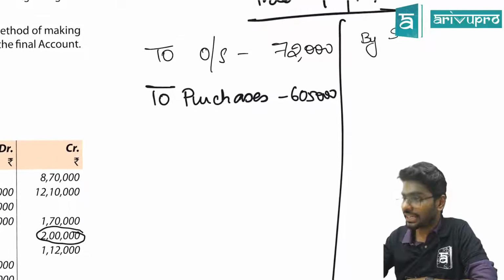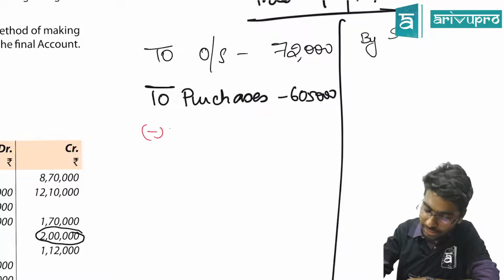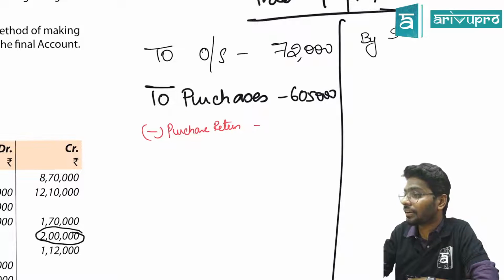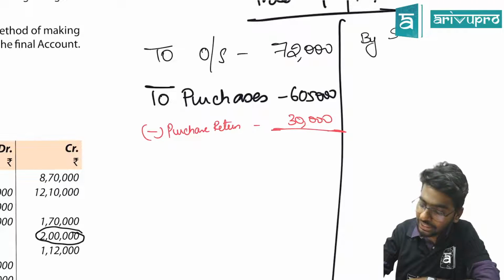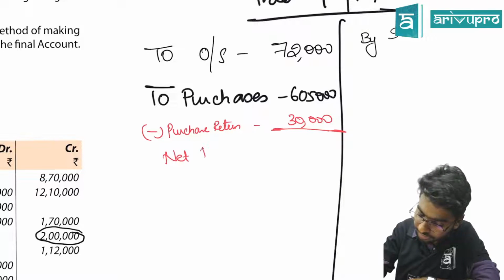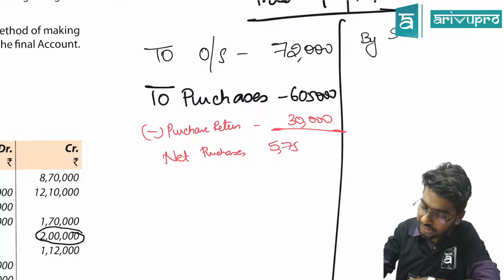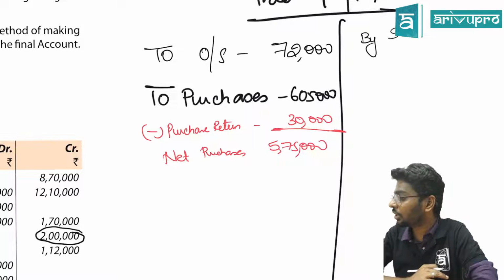On your purchases, write less purchase return. How much is the purchase return? 30,000. Therefore, my net purchases will be 5,75,000. Are you clear?